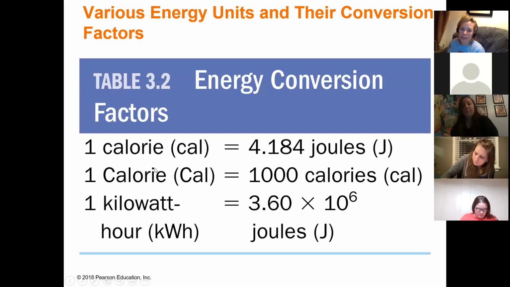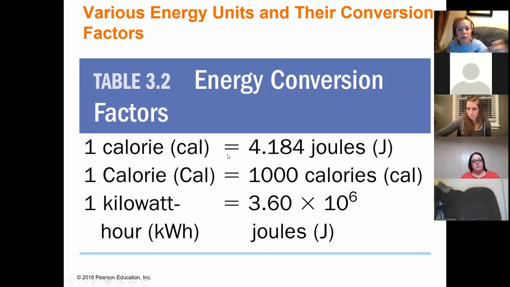Or we can call this thing a kilocalorie. And then we've got a kilowatt hour is equal to 4.6 times 10 to the 6 joules. And I don't spend a whole lot of time with that. So make sure you have these written down somewhere because I want you to do a problem using these as your conversion factors.